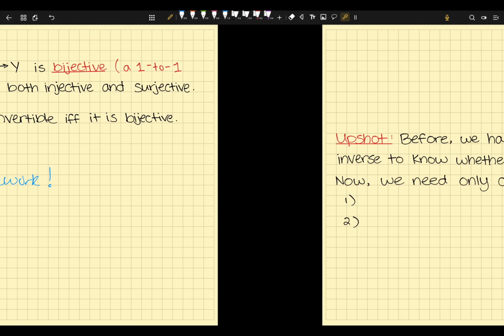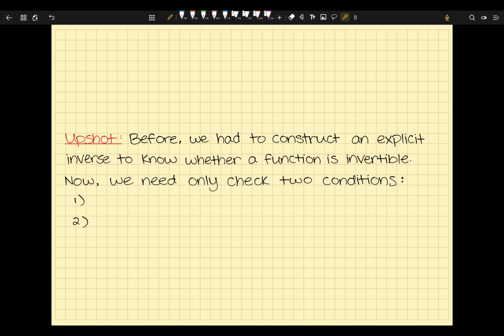Okay, but the point of all of this is that previously we had to construct an explicit inverse to know whether a function was invertible. But now we only need to check two conditions, and those conditions are surjectivity and injectivity. Because if a function is both surjective and injective, then it is bijective.